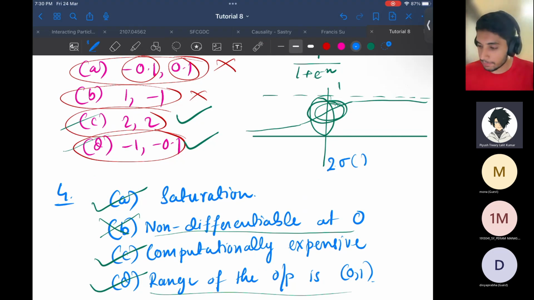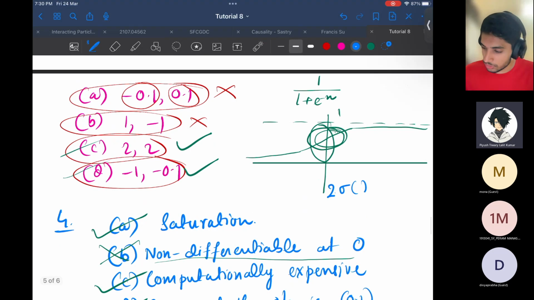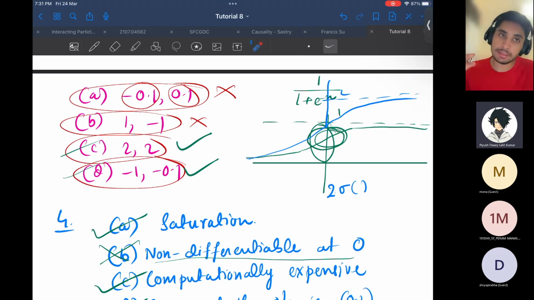What will happen then? This function, which was between 0 and 1, will now become between 0 and 2. So width has nothing to do with it. You can always increase the range of your function by multiplying it with some scalar.